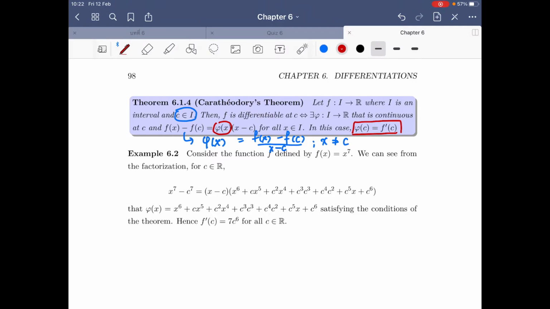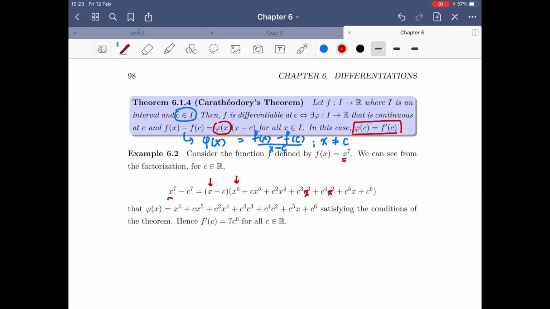For example, if you consider f(x) equals x to the power 7, we can see from the factorization that x to the power 7 minus c to the power 7 equals x minus c, and then x to the power 6, c x to the power 5, c square x to the power 4, c cube, oh, I'm sorry, this one should be x cube, and then c to the 4 x square, and c to the 5 x, and c to the power 6.